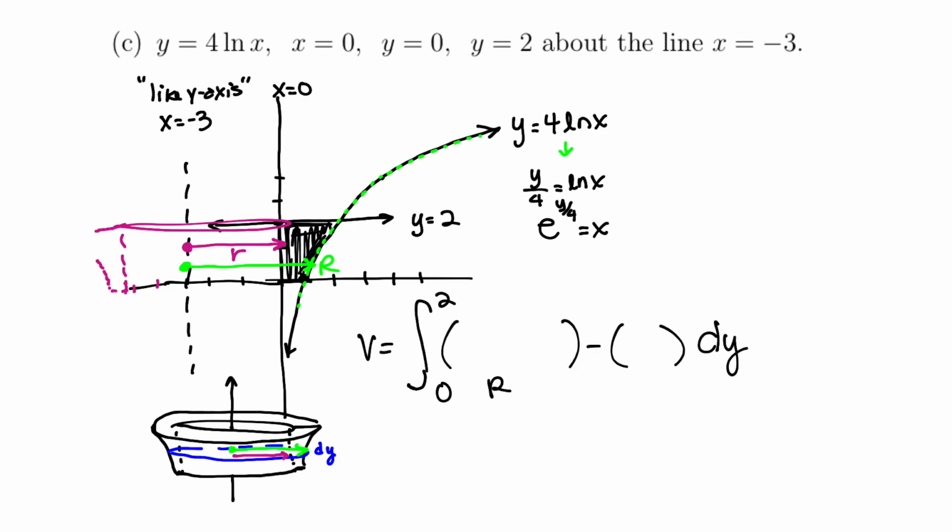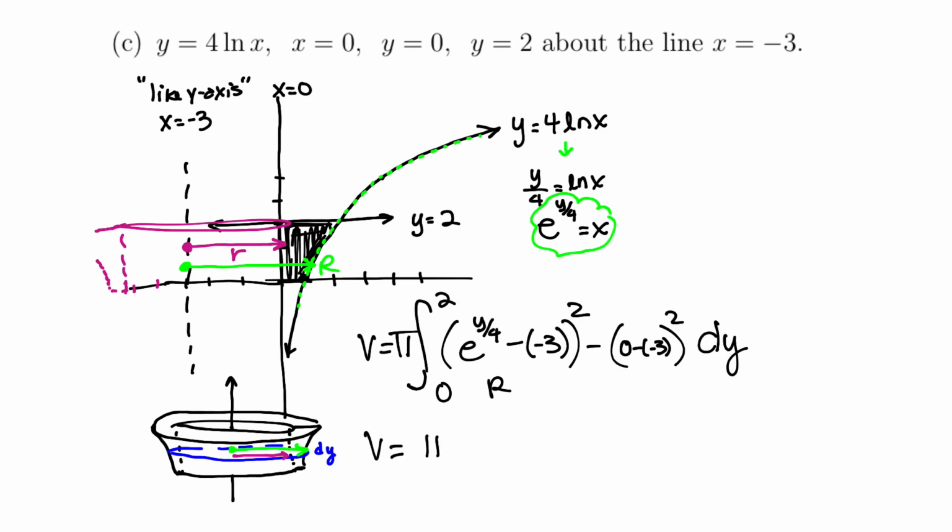My big radius is that big green distance right there, which is going to be the outer function, this guy, minus the inner function, which is -3. So you should have e to the y over 4 minus -3 squared, pi in front, minus, and that inner radius is just 0 minus -3 squared.